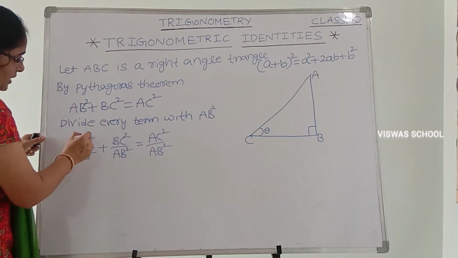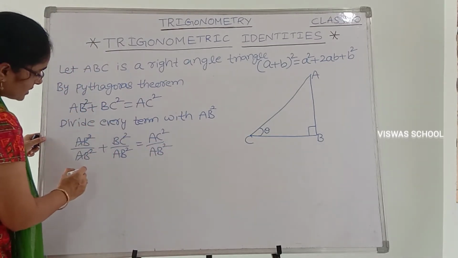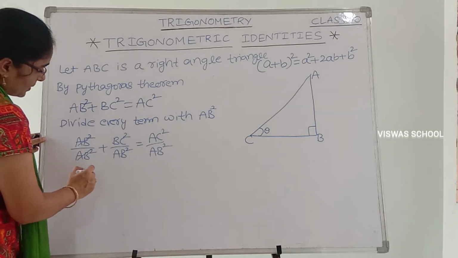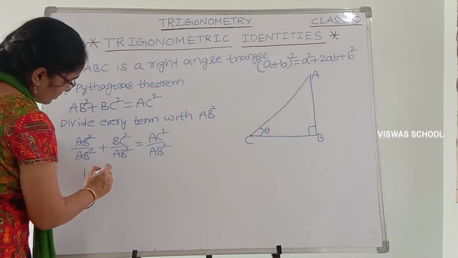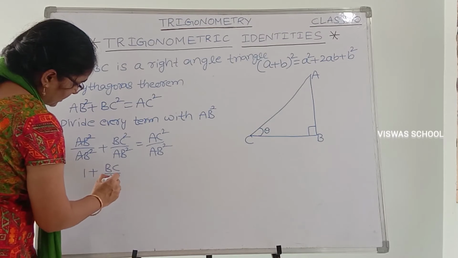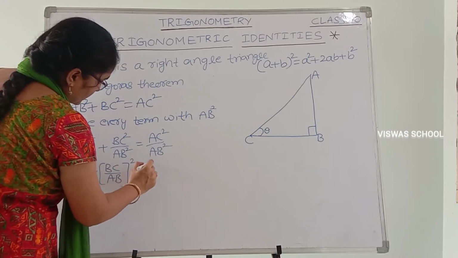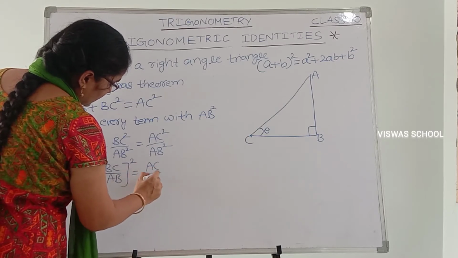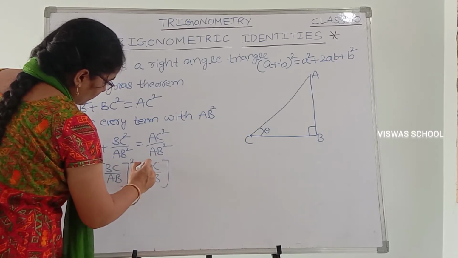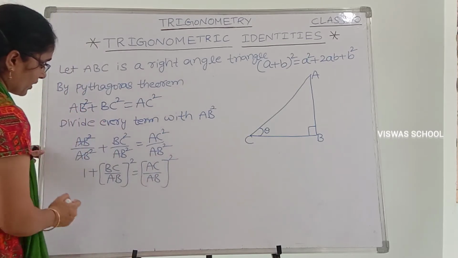Here AB square is cancelled, this value is 1. Plus, write this as (BC by AB) whole square is equal to (AC by AB) whole square.